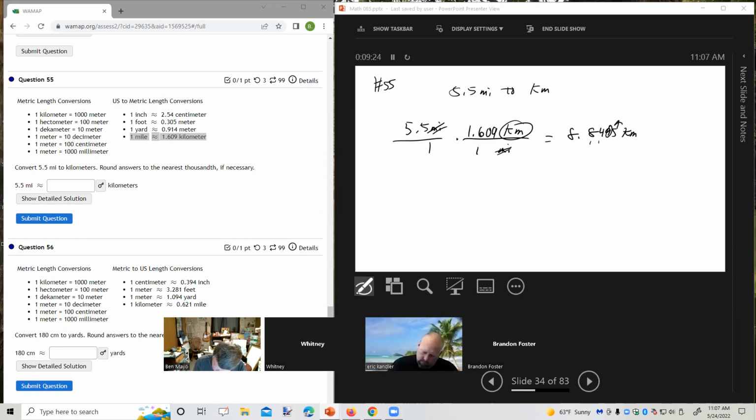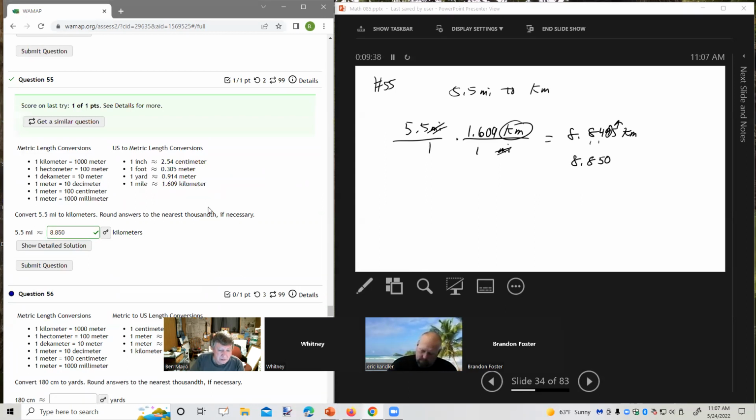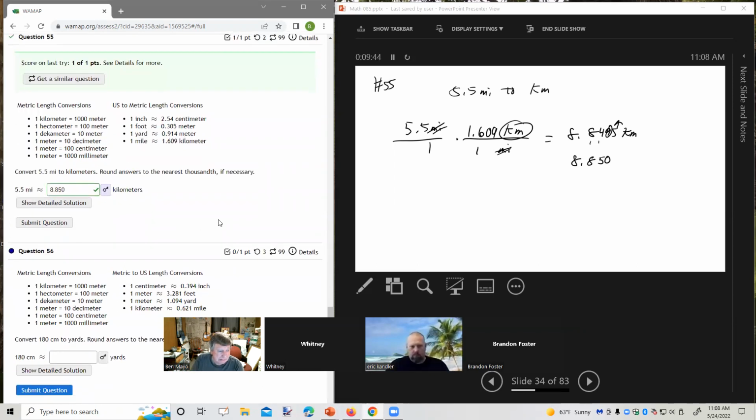The 5 would round up, so we get 8.850. I'm curious if they put the 0 in there. Oh, they didn't. 8.850. Technically, you need that 0 because it said to round to the thousandth, even though they didn't list it.